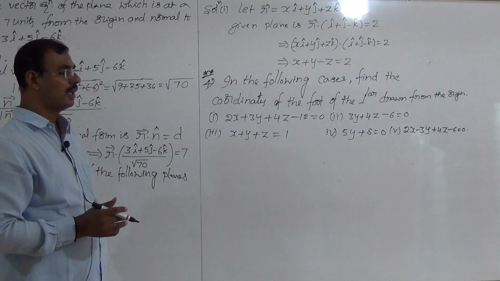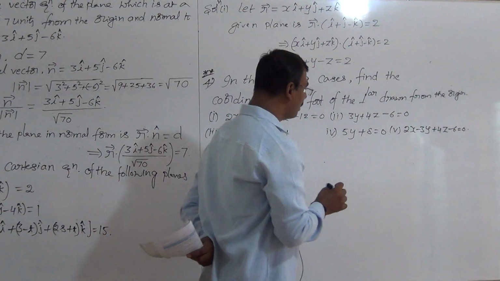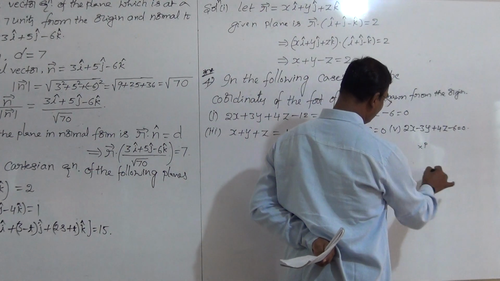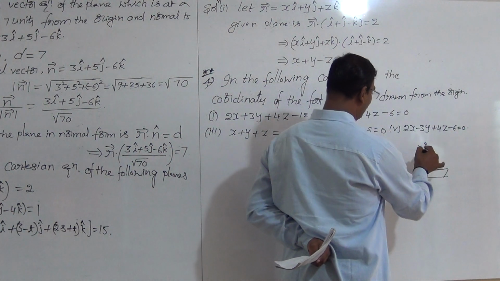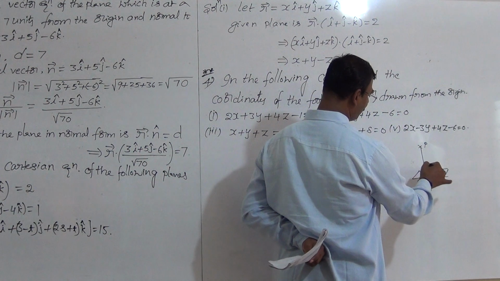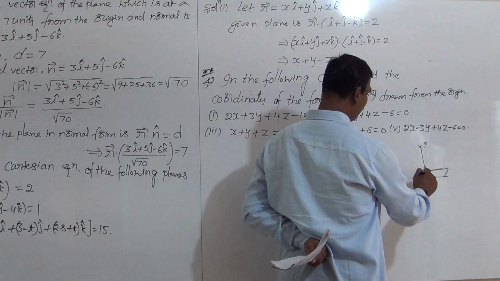To find the foot of the perpendicular, remember all of you what foot of the perpendicular means. This is the point P, this is the plane equation. From the point P, draw the perpendicular to the plane. This is perpendicular to the plane only.